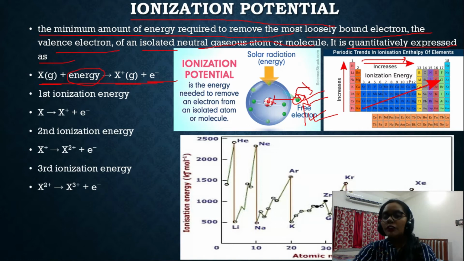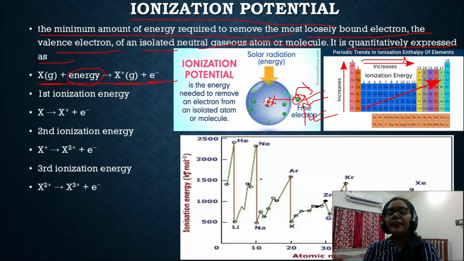So what will happen? A smaller atom means the nucleus will hold the outermost orbital electron more strongly than in a larger atom. That is why we have to break that attraction force to remove that electron. For that, obviously we need higher ionization energy.